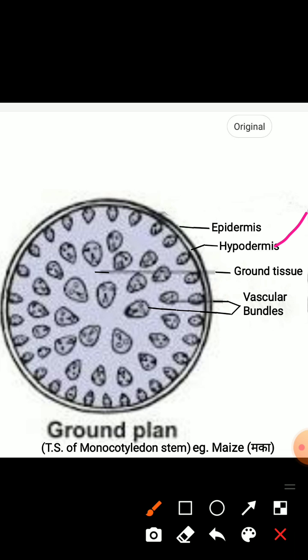We have studied the hypodermis of the dicot stem. There, the hypodermis was made from collenchyma type of tissue.